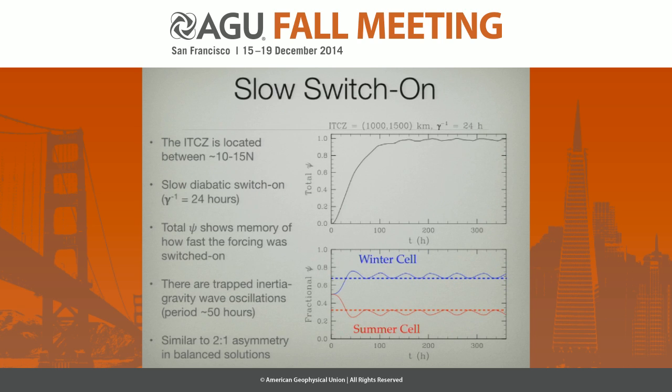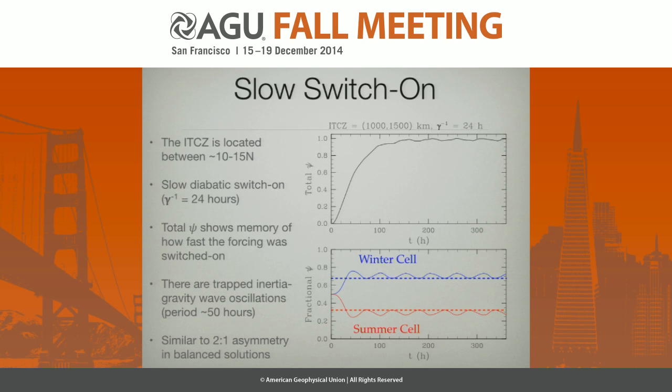We didn't really show the animation for the slow switch on, but this is the slowest of the 4 that I showed. And so this is the same ITCZ displacement, and then you switch it on slowly, and you obviously see in the top panel that there are less oscillations, and it looks more or less like the initial forcing that was turned on. There's not much gravity wave activity.